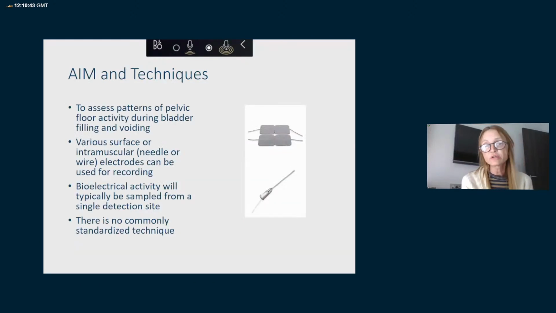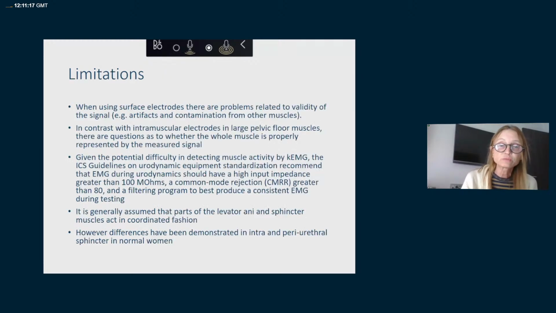The aim of kinesiologic EMG is to assess the pattern of pelvic floor activity during bladder filling and voiding. For this, you can use various surface or intramuscular needle or wire electrodes, and the bioelectrical activity will then be sampled from a single detection site. But up to now, there is no commonly standardized technique for kinesiologic EMG.